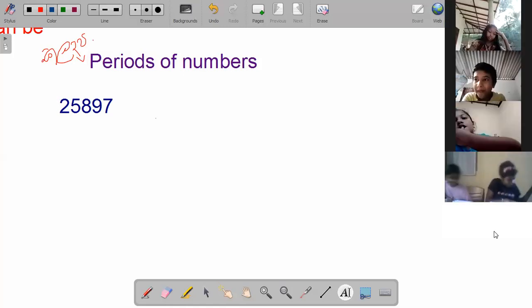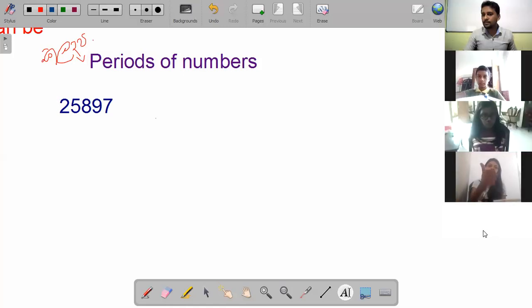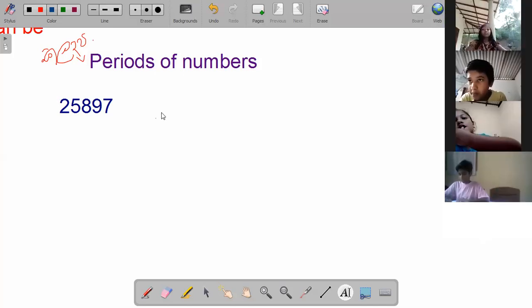What is the last digit? 7. Okay. This last digit is known as the ones place of the number. අපි මේ අන්තිම digit එකට කියනවා මොනවා කියලාද? Ones place.